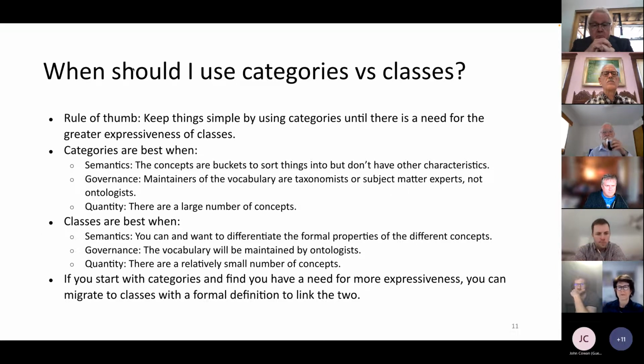So if you have a set of categories or controlled vocabulary that's going to be managed by taxonomists or subject matter experts rather than ontologists, these are best put outside the ontology into separate vocabularies. And there's some relevance of quantity. There's no clear line, but if you have 1,000 concepts, likely you are going to want to put those into categories rather than subclasses.